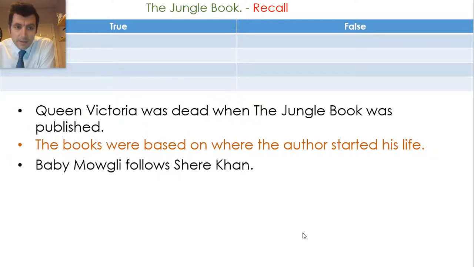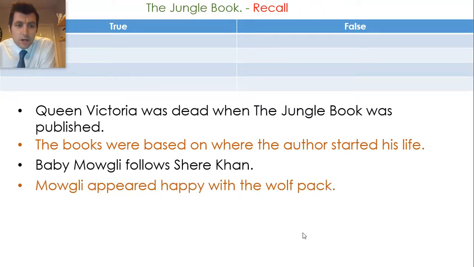The third: Baby Mowgli follows Shere Khan, and that links to your first piece of reading from yesterday. And the fourth: Mowgli appeared happy with the wolf pack, and that's the second piece of reading from yesterday. Read those through again, decide and place them in the true and false table that's part of your pack, and pause the video whilst you do that.